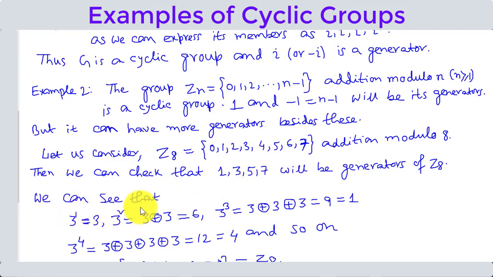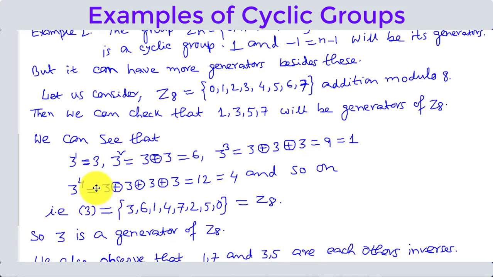We can see that 3 to the power 1 is equal to 3, 3 square is equal to 3 plus 3 is equal to 6, 3 cube is equal to 3 plus 3 plus 3 is equal to 9, which is equal to 1. If 9 is divided by 8, then remainder is 1.